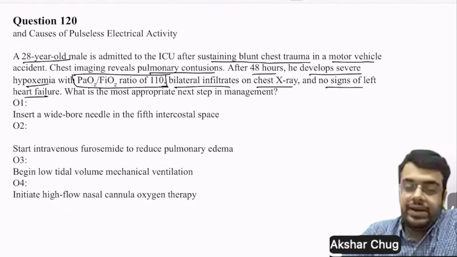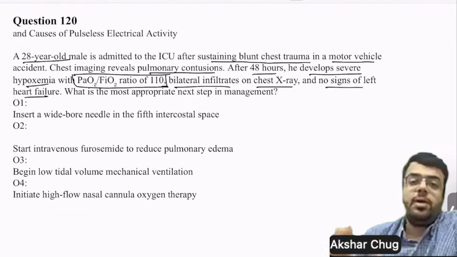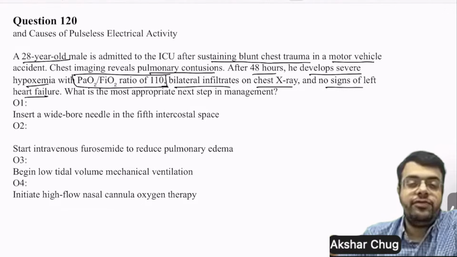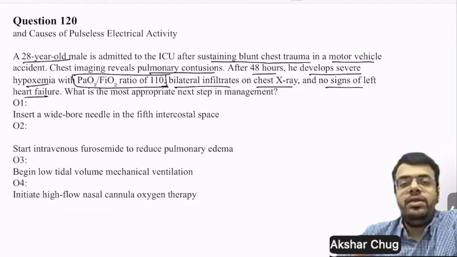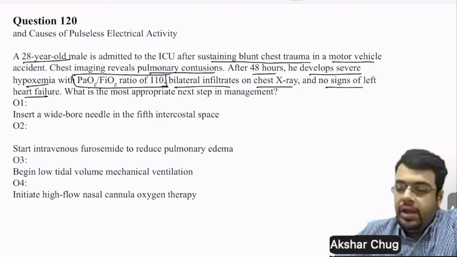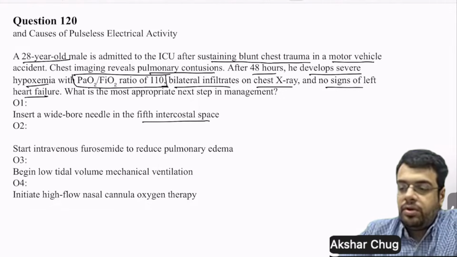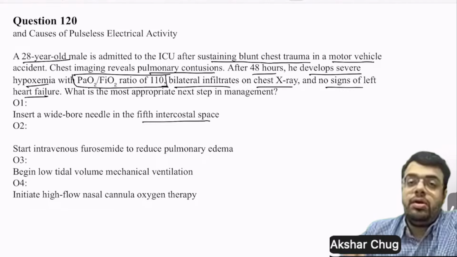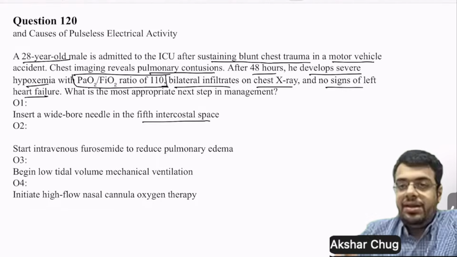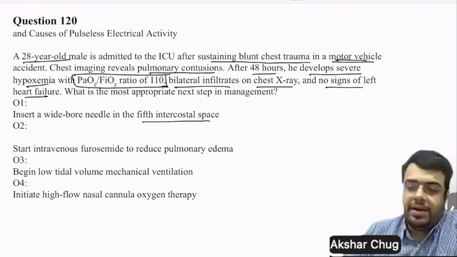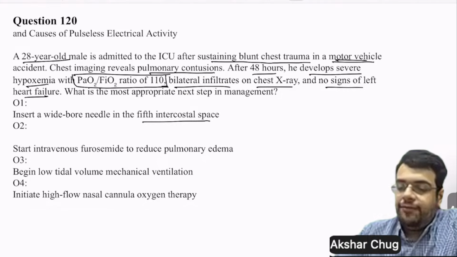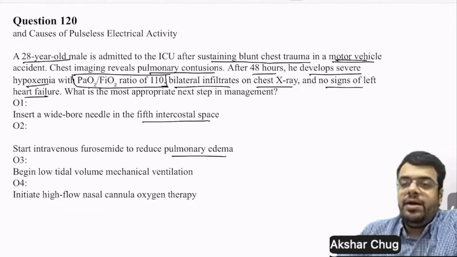So in case of ARDS, we always prefer a low tidal volume, high PEEP ventilation or a prone ventilation, which is a lung protective ventilation. Insert wide bore needle in the fifth intercostal space. This is done in case of pneumothorax, which could be the reason because of the trauma, but the symptoms and the clinical progression do not match. Start IV furosemide to reduce the pulmonary edema. Now, this is the difference I was talking about.